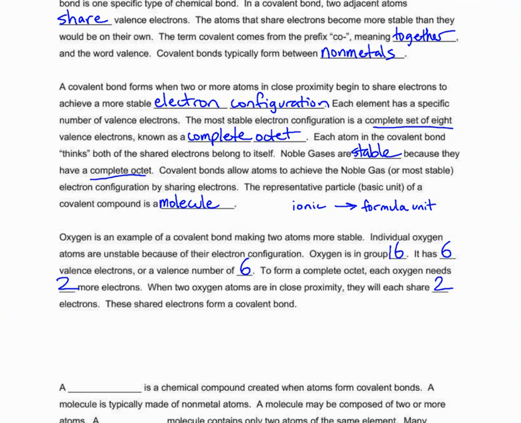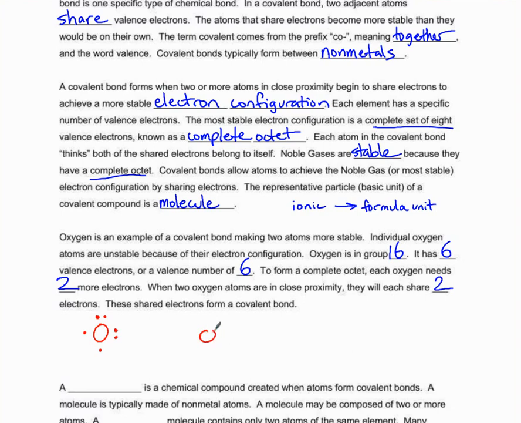Let's look back at something we talked about a couple of units ago, and that is the electron dot structure. The electron dot structure shows me the valence electrons. So this is what one oxygen atom looks like, and it's unstable.